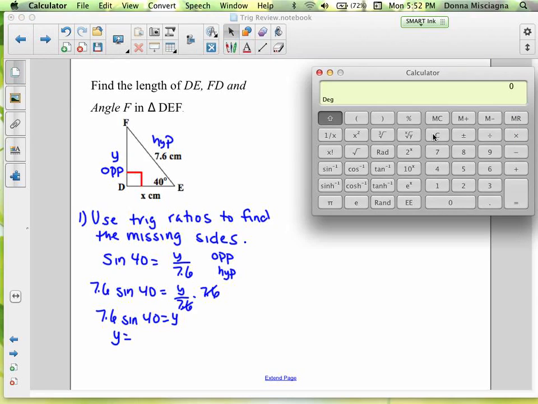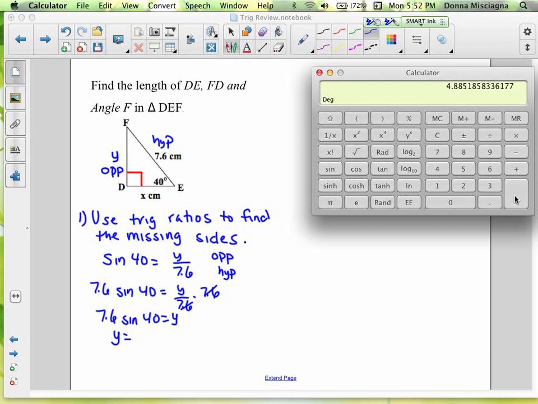And so we have 40 sine and then times 7.6. We'll round to 2 decimal places, I guess. Actually, we could do 3, 4.885 or 4.89, whichever you prefer. I guess we'll do 2 decimal places, 4.89.